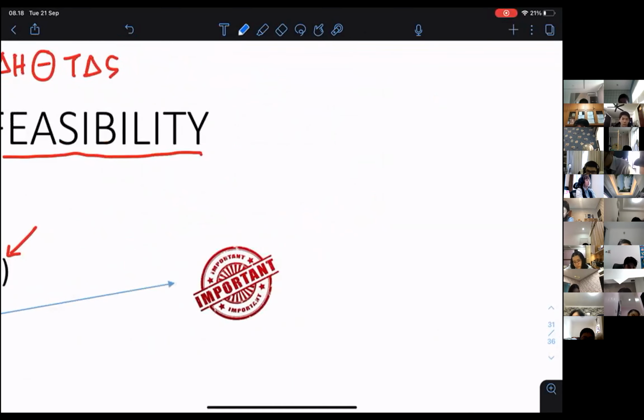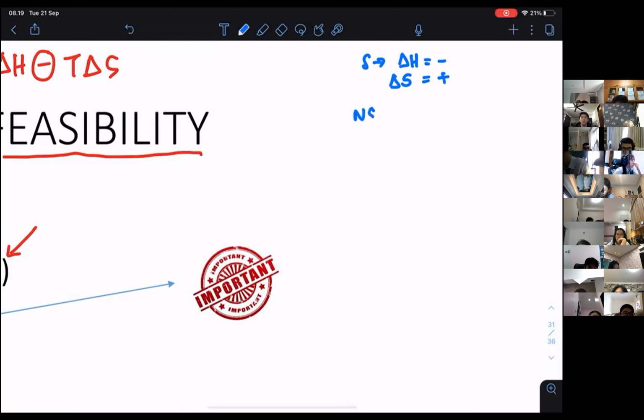It is spontaneous when your enthalpy is negative and when your S is positive. When they are moving randomly and it is exothermic, then spontaneous. It's non-spontaneous when delta H is positive and delta S is negative.